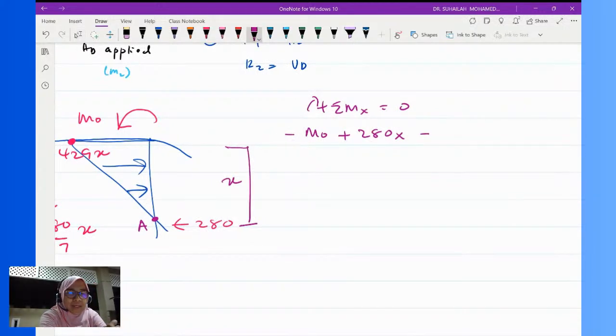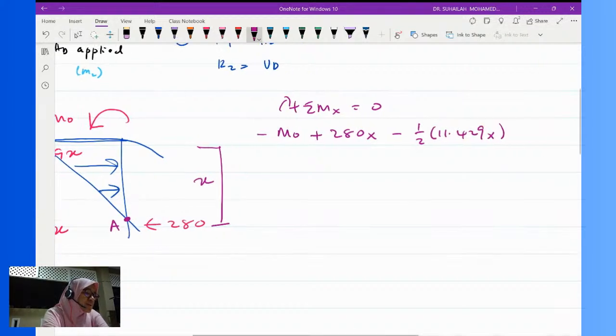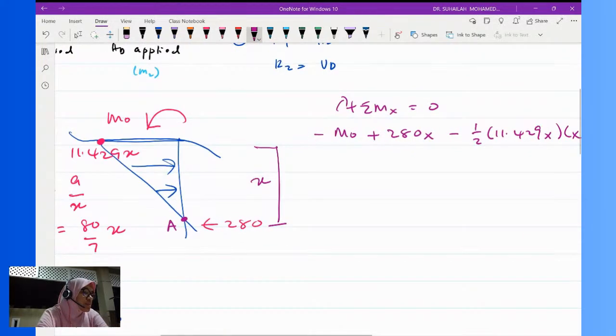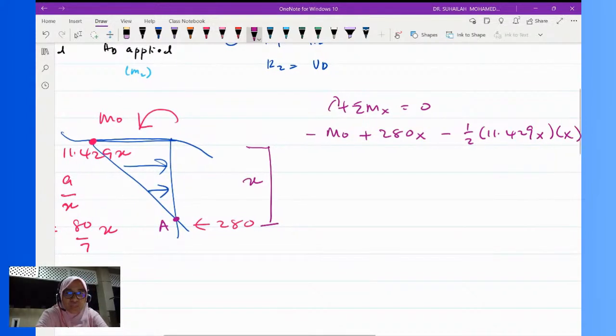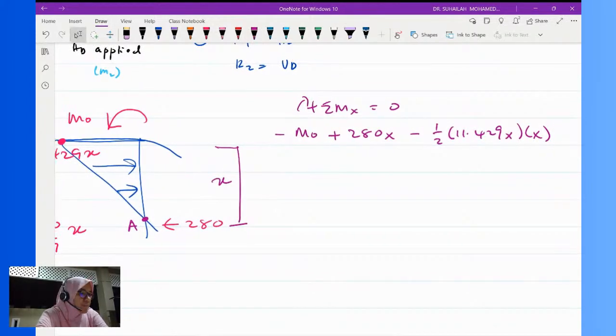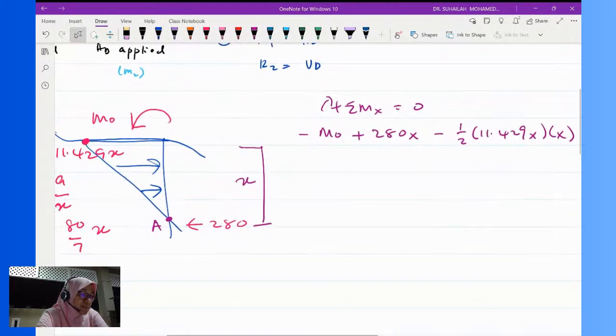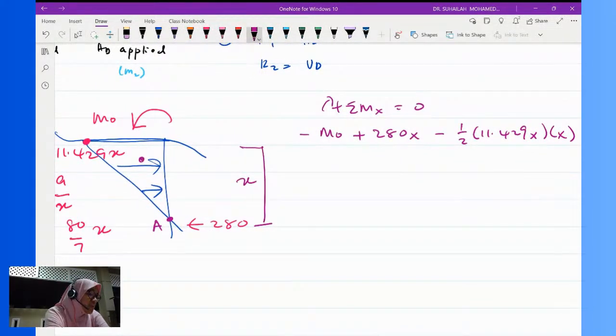the area, which is 1 over 2 times 11.429x times x. That is the area, because the area is force, and the centroid is located somewhere here.